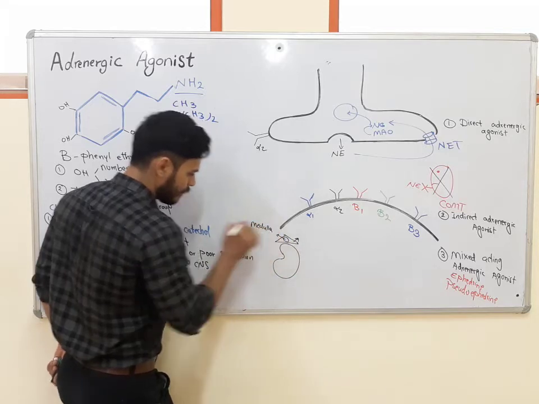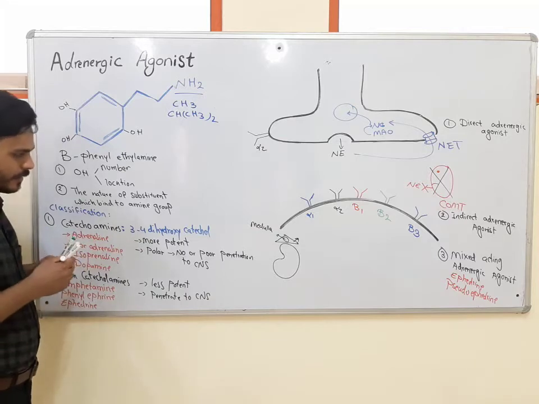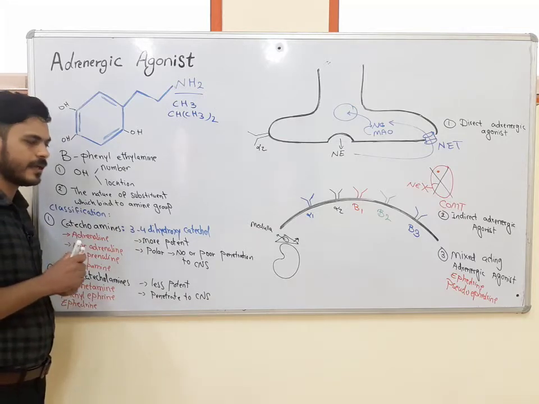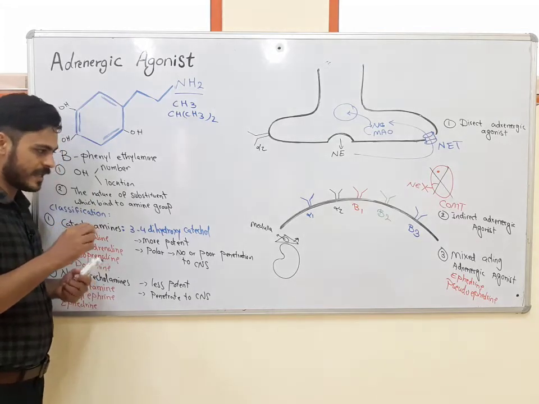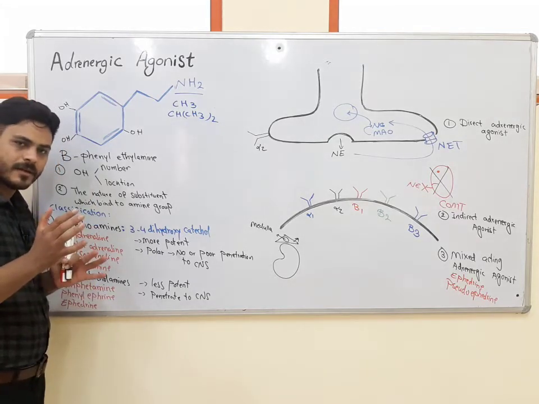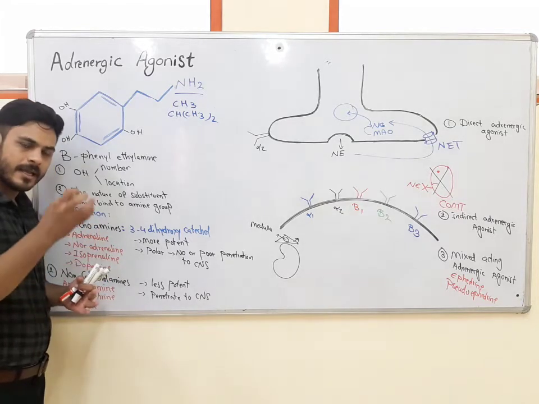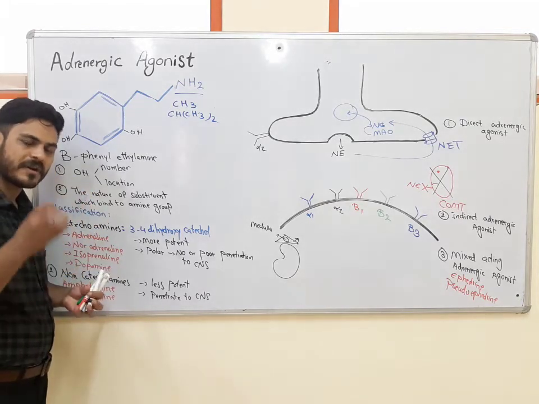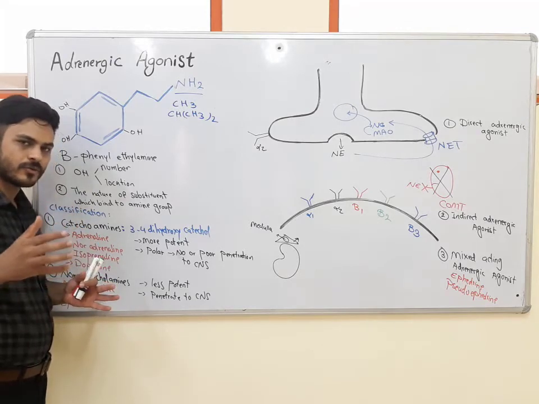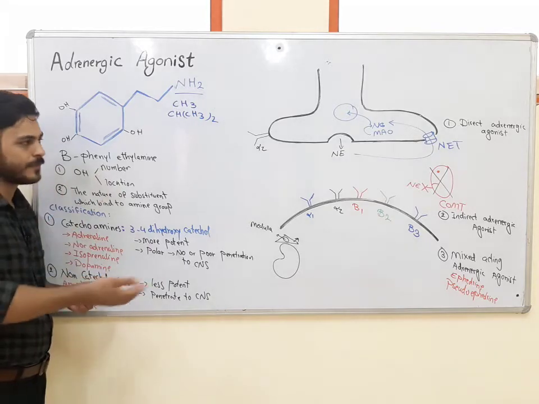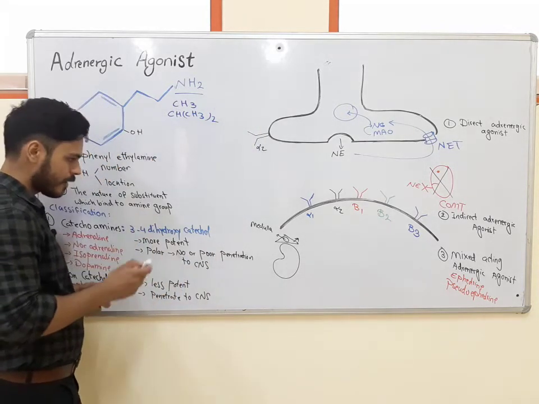In the medulla, we produce adrenaline. I told you in adrenergic neurotransmission the difference between the synthesis of noradrenaline and adrenaline, or we can say catecholamines, in the adrenal gland: when we compare it to the steps for producing catecholamines in the neurons, it is the last step only.